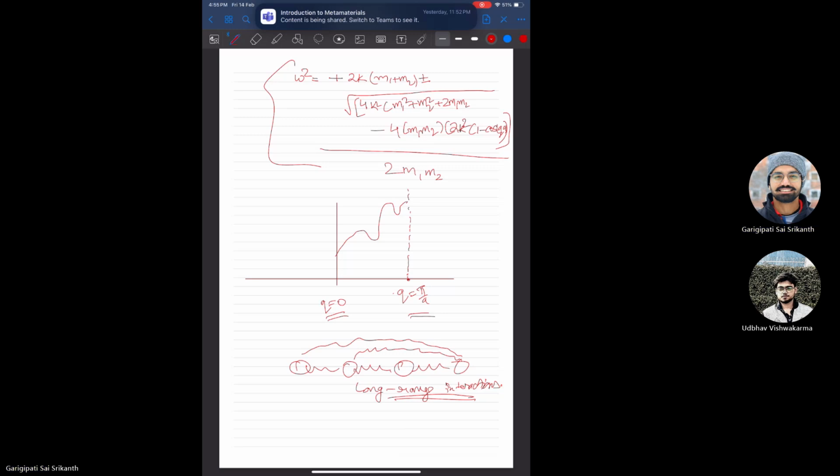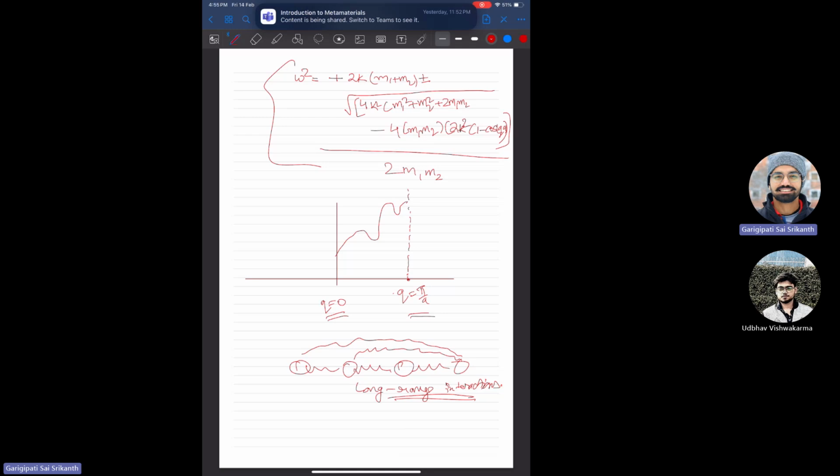So we'll get two bands, and since we get two bands, for each band you'll have two cutoffs, one minimum, one maximum.